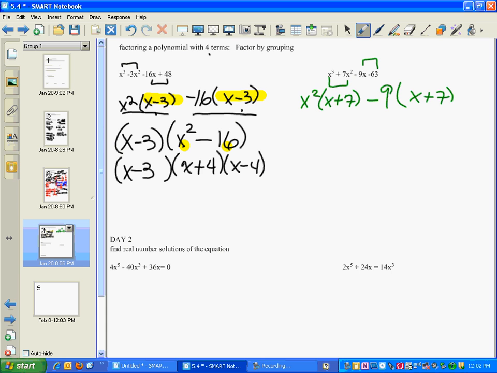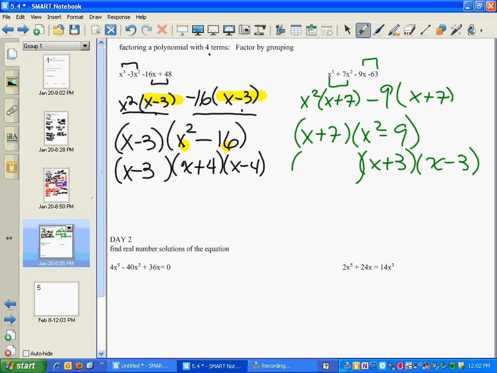So what's common in both of those terms? What am I left with? And what do we call x squared minus 9? Name-wise, it's called the difference of perfect squares.